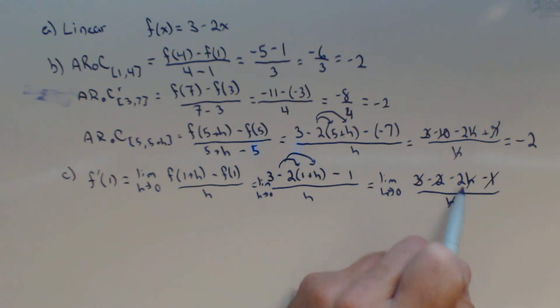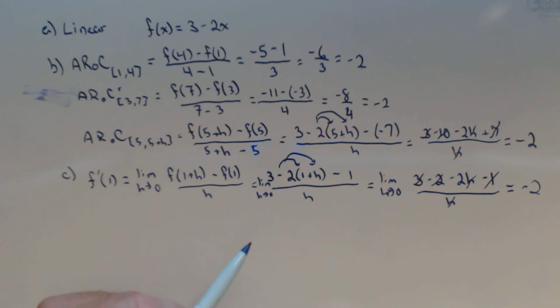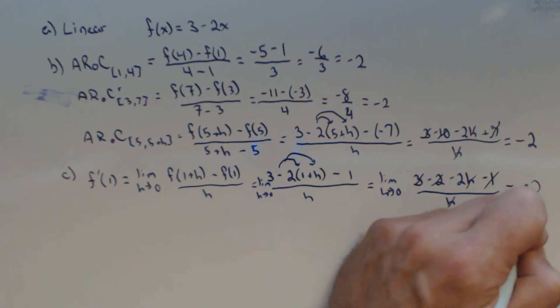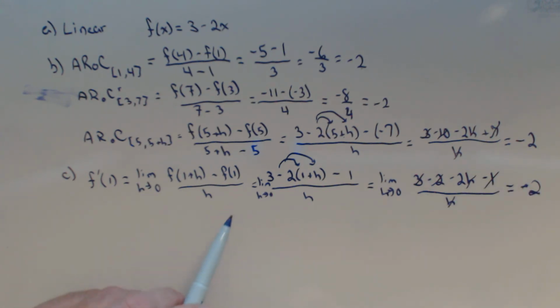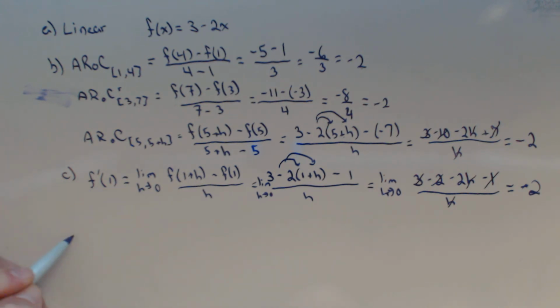The limit as h goes to 0 of -2 is exactly that, -2. And so what we're finding is not only is our average rate of change -2 everywhere, our instantaneous rate of change is -2 everywhere. And that makes sense for a linear function. It's got a constant rate of change, whether instantaneous or average.